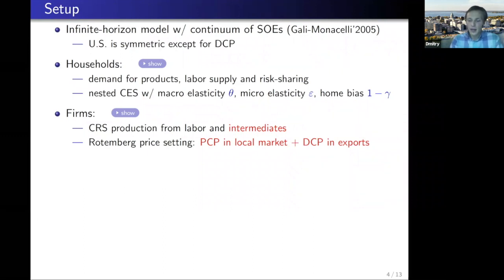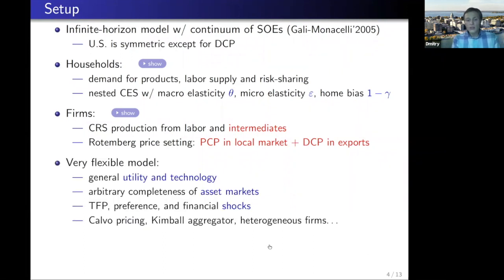As I already mentioned, we try to be as general and as flexible as possible in all other dimensions. In particular, we can allow for arbitrary regular preferences and technology, and, which is perhaps surprising for this literature, we can allow for arbitrary structure of the asset markets.